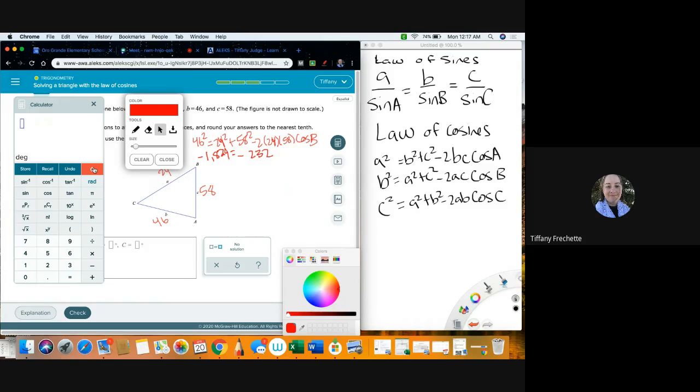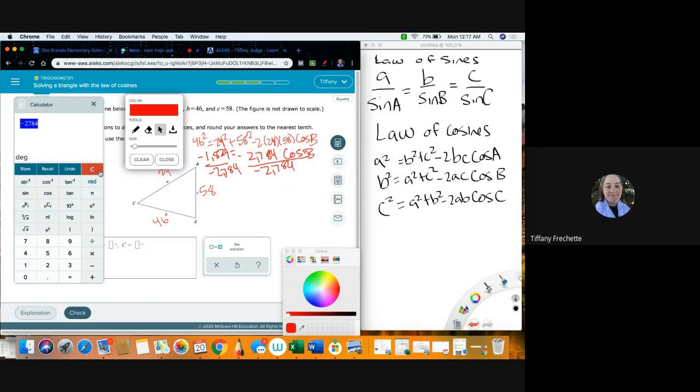I think something got typed in wrong. 24 times 58. There we go. That looks better. So we have 2,784 cosine B. We're going to divide by negative 2,784 on both sides.